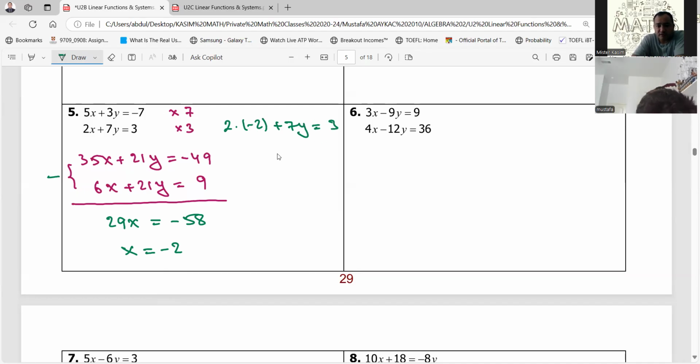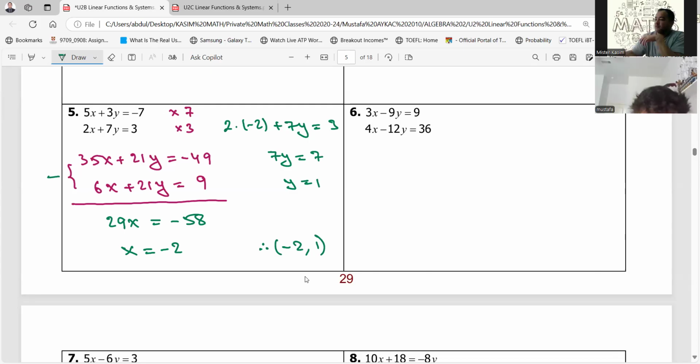Move negative 4 to the right-hand side. 7y is equal to 3 plus 4, that is 7. Then y equals 1. That's it. Now the x value is negative 2, the y value is 1. Or if you graph these two equations, the graphs are straight lines. They intersect each other at negative 2, 1.